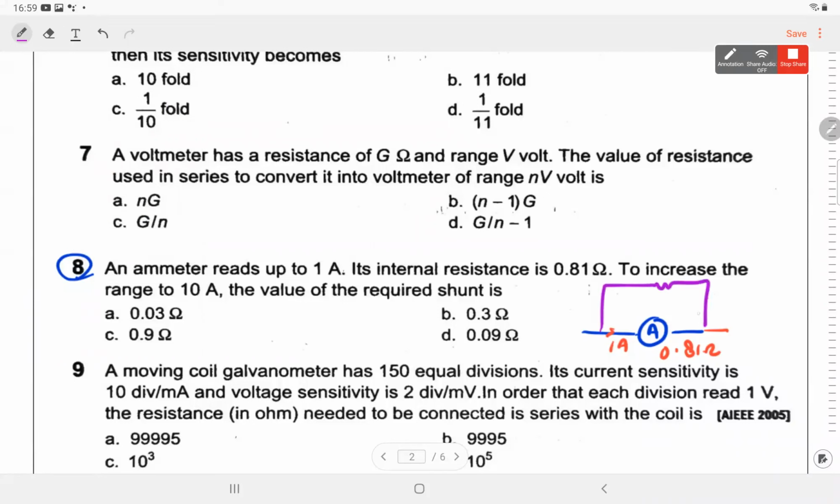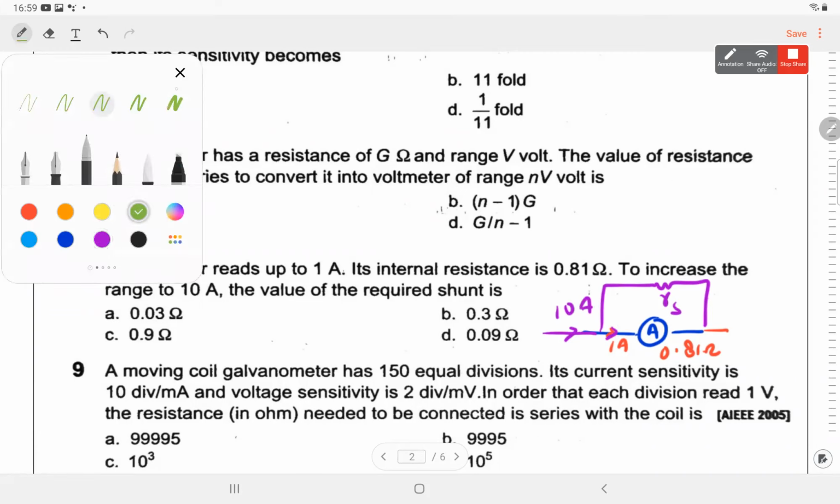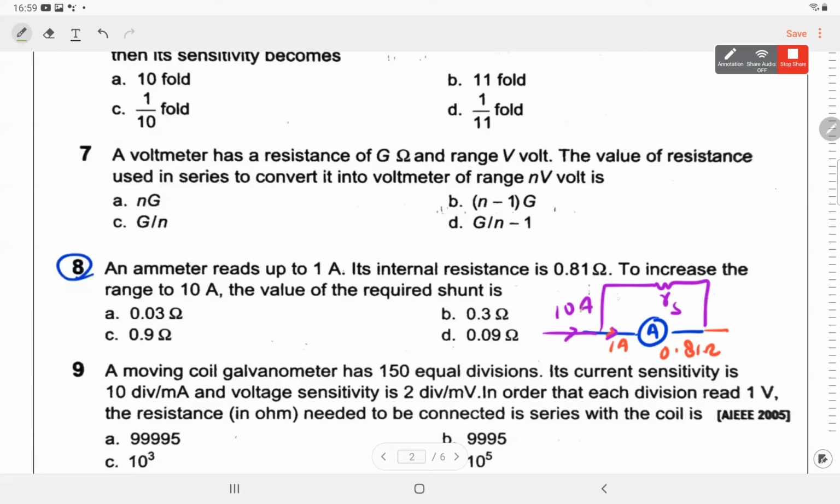Out of 10 ampere, 1 ampere is gone into this galvanometer. मान सकते हैं इसको, it's like a galvanometer only. Galvanometer में कुछ अभी parallel में जो हमने branch लगाई है shunt, that will draw 9 ampere current. So here galvanometer is already converted into a meter, but that ammeter overall resistance is given 0.81.